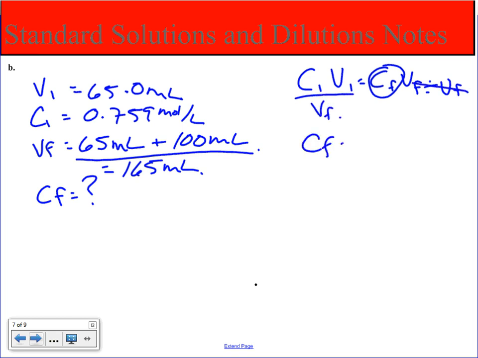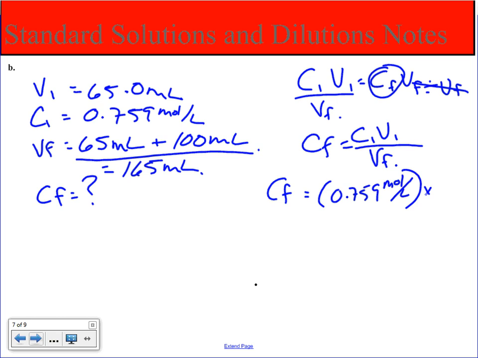So the concentration final is concentration initial times volume initial, all divided by the volume of the final. So my concentration of final is equal to 0.759 moles per liter times 0.065 liters, all divided by 0.165 liters.